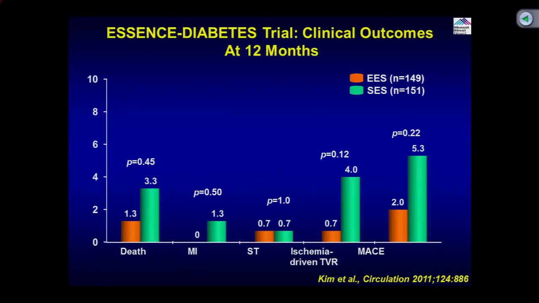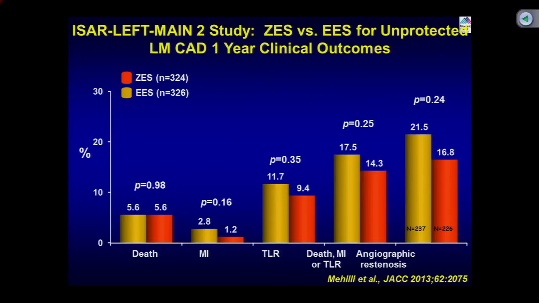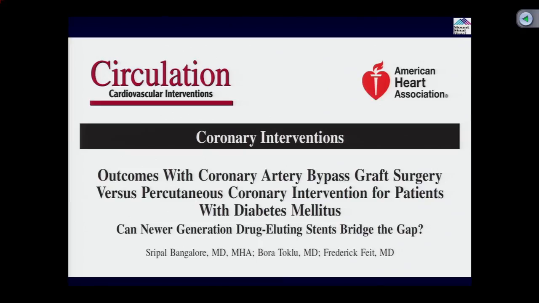Then, in the SPIRIT diabetes study, comparing against sirolimus-eluting stent, there was a lower MACE rate and lower MI rate. And the ISAR-LEFT MAIN 2 study, comparing zotarolimus to everolimus, again showed a non-statistically lower event rate with everolimus. So what would the FREEDOM data have been if we had used the newer generation stent?